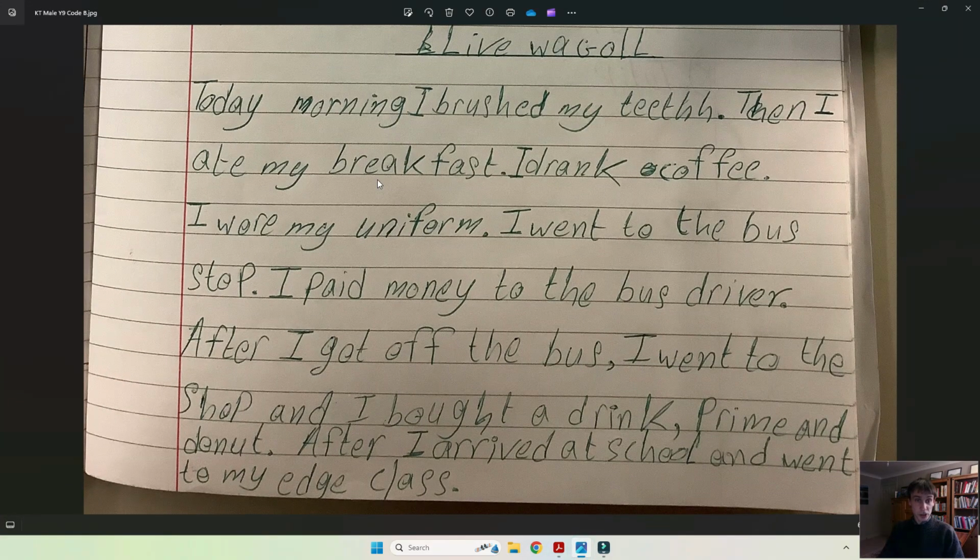However, what I would suggest is that whilst we wouldn't expect the learner here to start using present tenses, for example, or future tenses, because they are talking about what they did this morning, you could imagine here, rather than saying today morning I brushed my teeth, I was brushing my teeth. So we could have the past continuous, past progressive tense being used here, but we do not. There are no attempts to try anything else.